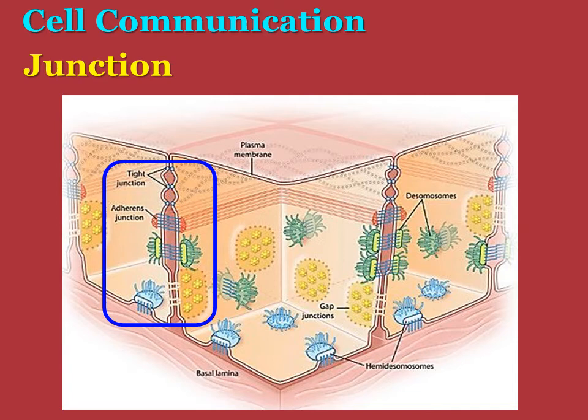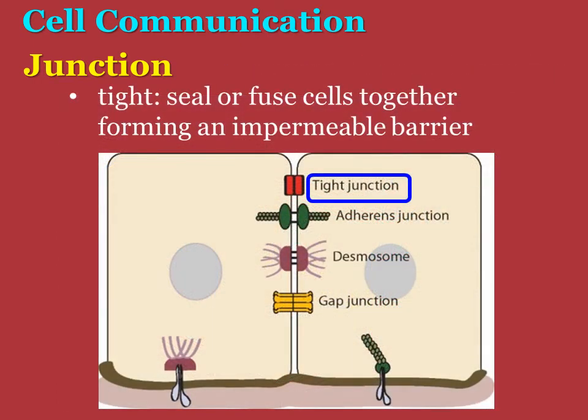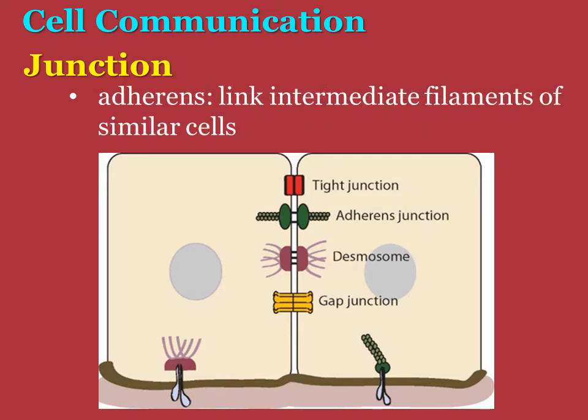In animals, junctions are present to connect the cells to one another. Tight junctions seal or fuse cells together, forming an impermeable membrane. Adhering or anchoring junctions link the intermediate filaments of similar cells, such as cardiac muscle cells.